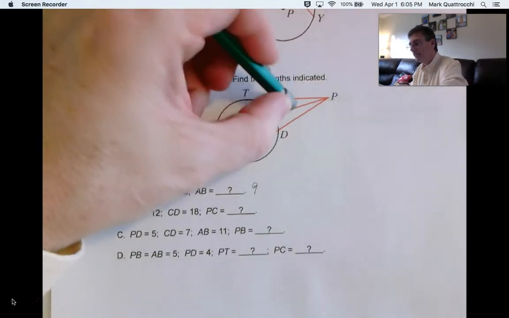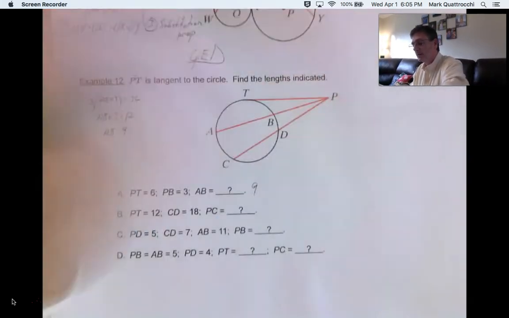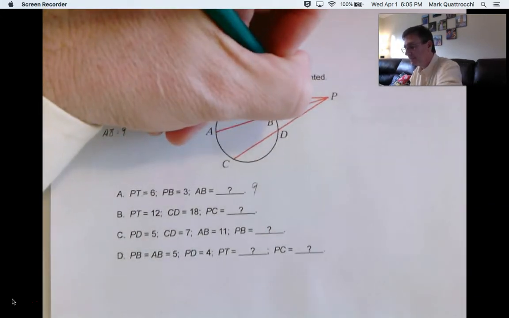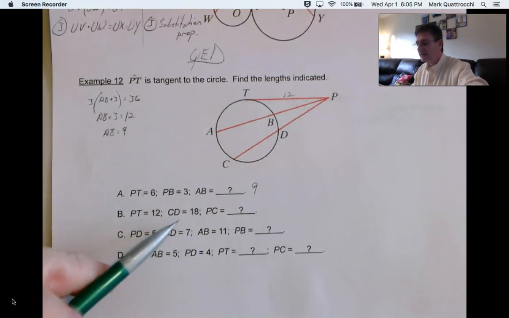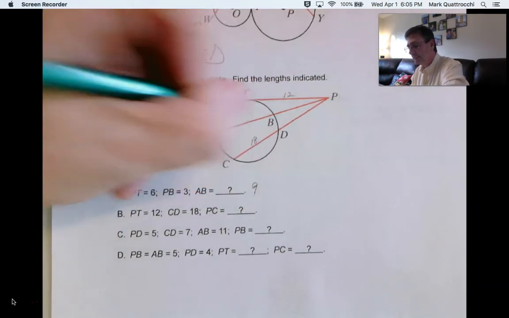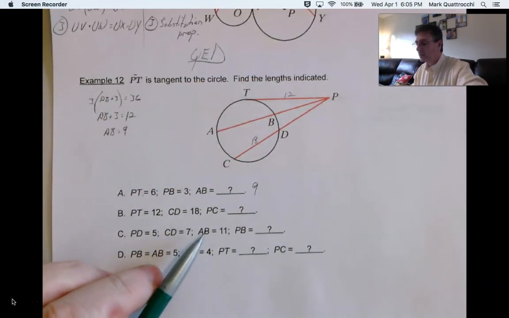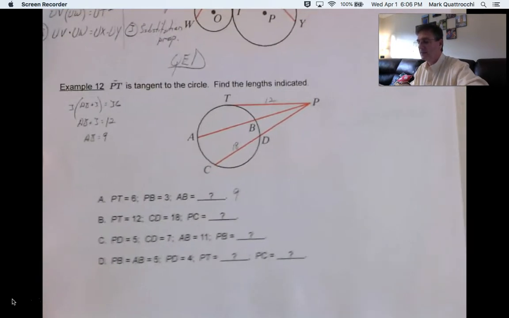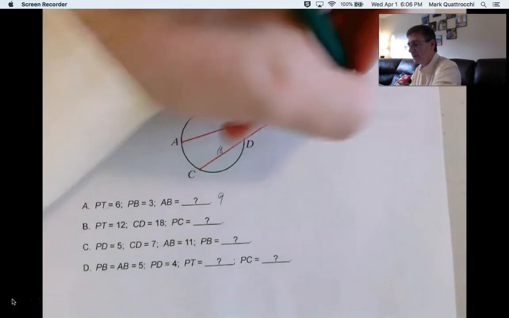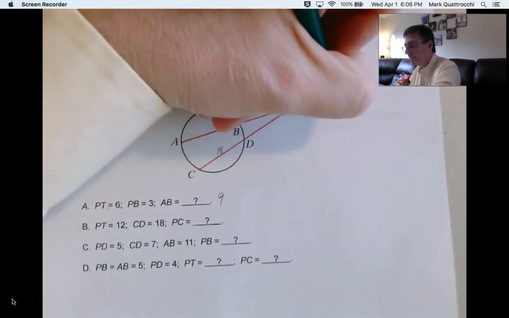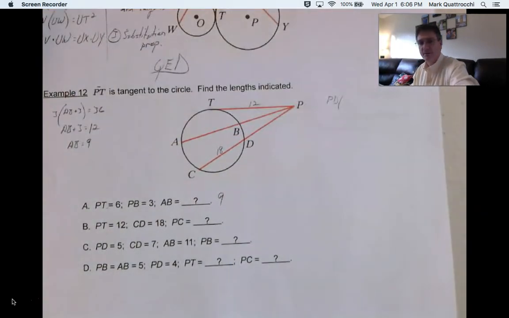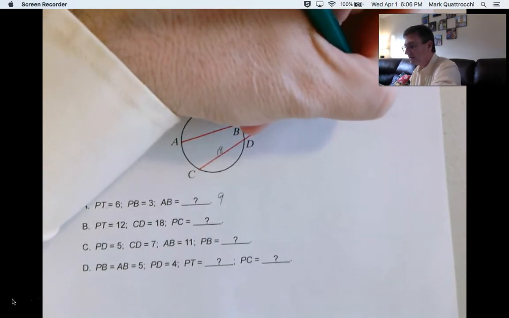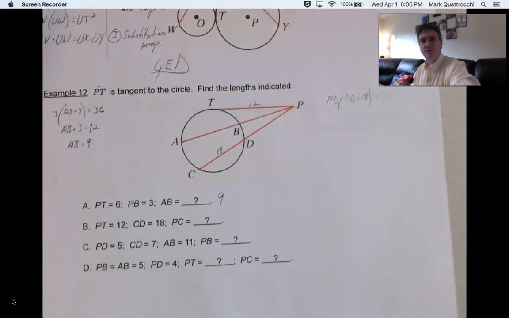Part B. PT is 12 this time. CD is 18. PC is what we're looking for, the entire length. So I'm going to now leave it as PD. So we have PD times PD plus 18 equals 144.